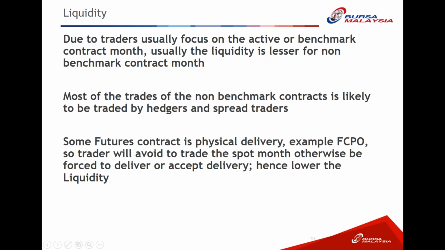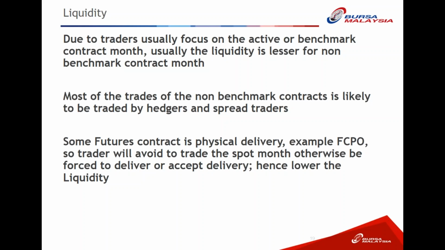The next thing about risk is that because of all this, traders usually focus on the active or benchmark contract month. So the liquidity is actually lesser for non-benchmark contract months. Most of the non-benchmark contracts are likely to be traded only by hedgers or spread traders. So if you're just trading directionally, long expecting the price to go up, short expecting the price to go down, it's better for you to trade only the months with a lot of liquidity.